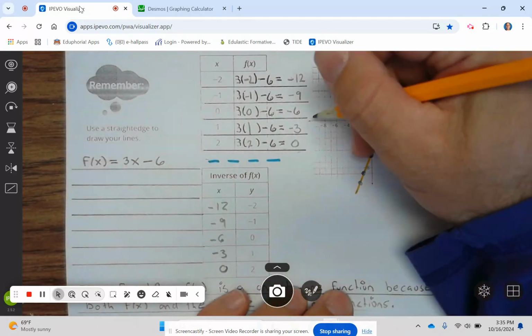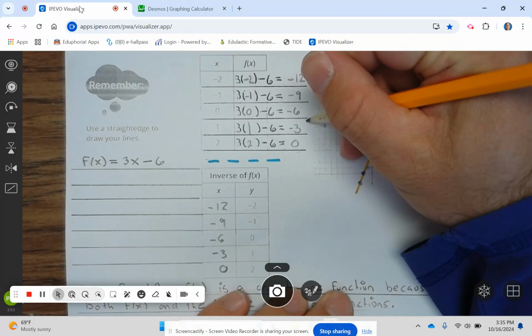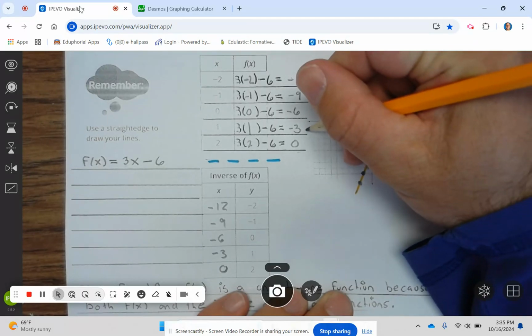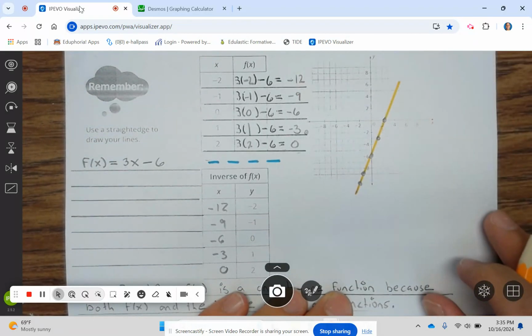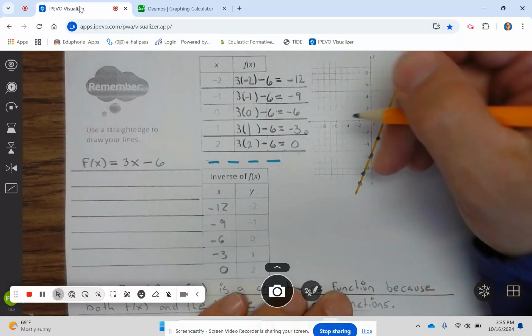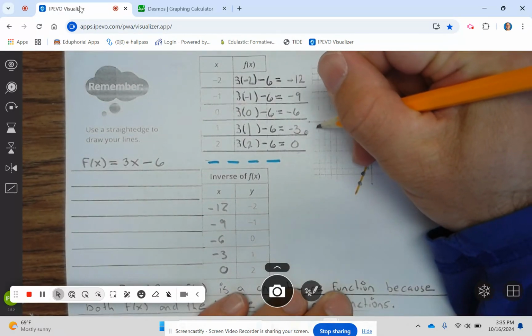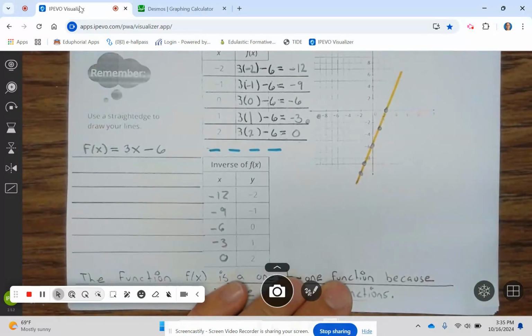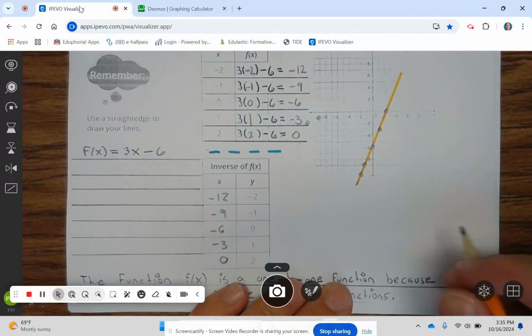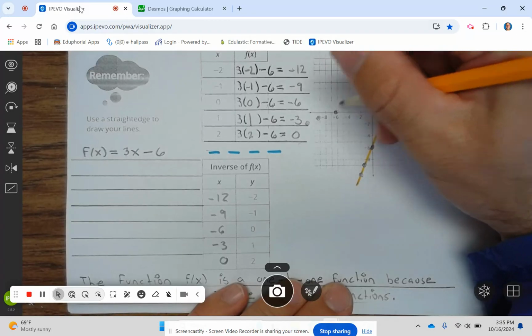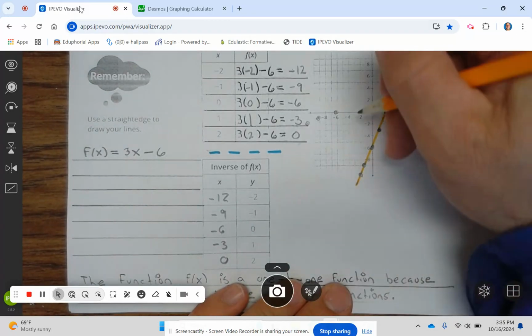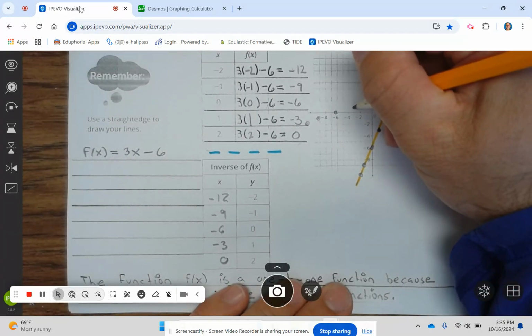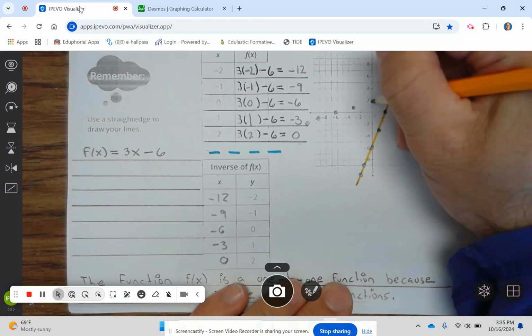So -12, -2, about right there, just approximating. Okay, -9, -1, it's right there. -6, 0, -3, 1, and 0, 2.